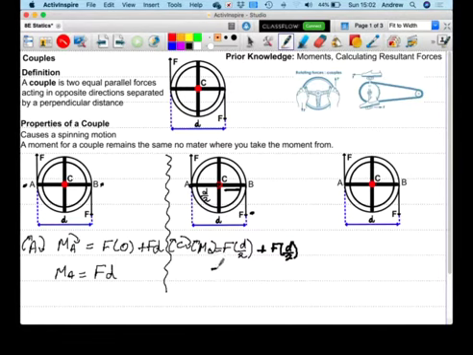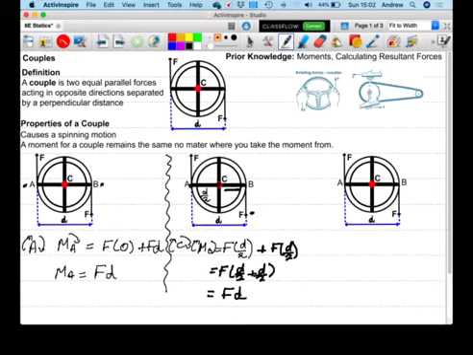We take out F as a common factor, and we've got D over 2 plus D over 2. A half D plus a half D is a whole D. So we end up with FD.